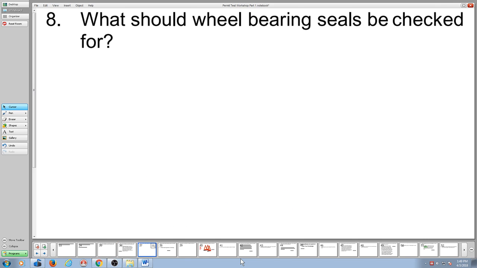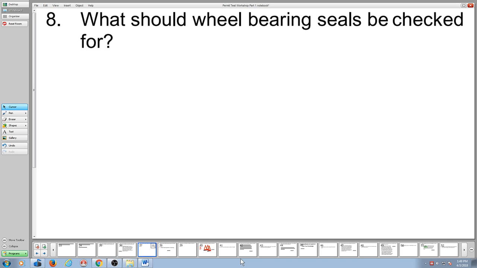What should wheel bearing seals be checked for? Tightness? Yeah, so one answer could be making sure that all the nuts and bolts that keep it tight are in place. What else would you be looking for?